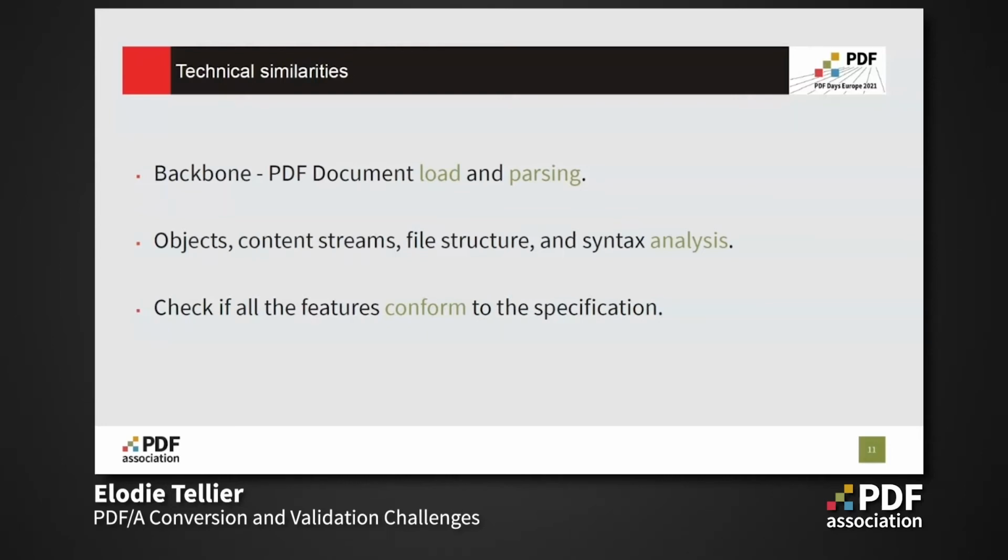In both cases, we need to be able to do detailed analysis of the objects and streams, but also of the file structure and syntax. And we need to check if all the features we are analyzing conform to the requested or claimed conformance specification. While this is the most vital part of both validation and conversion, it is the way the output of this analysis is handled where the differences start to show dramatically.